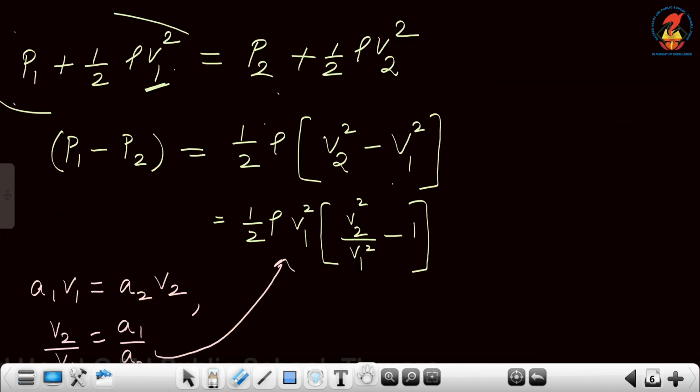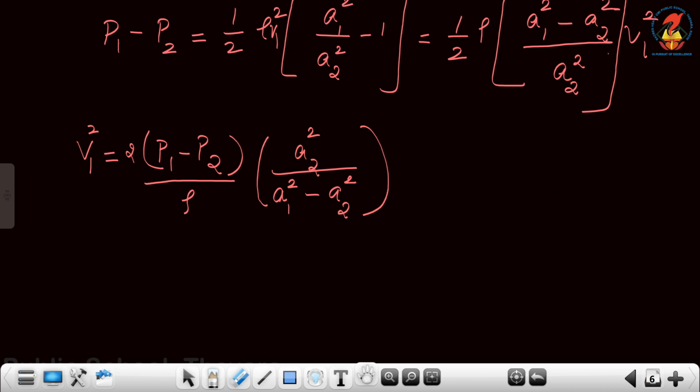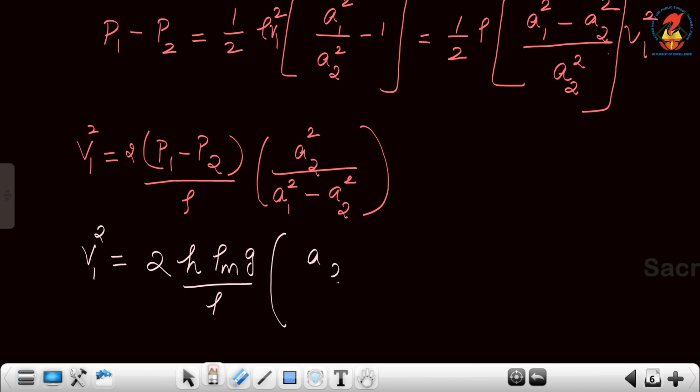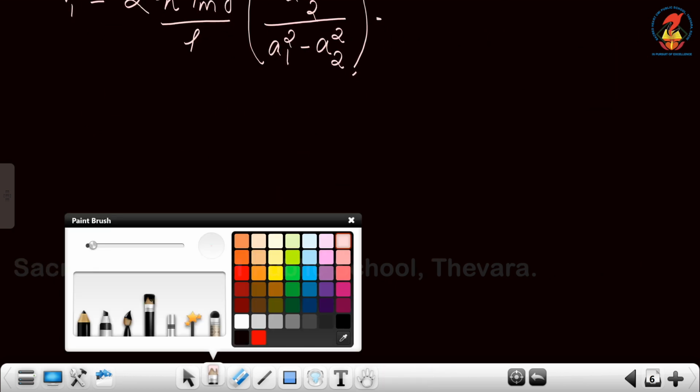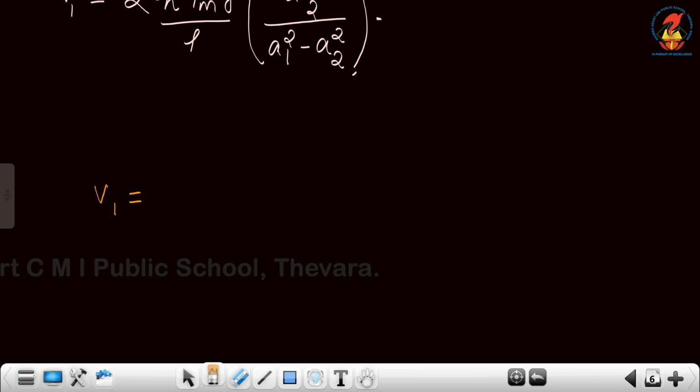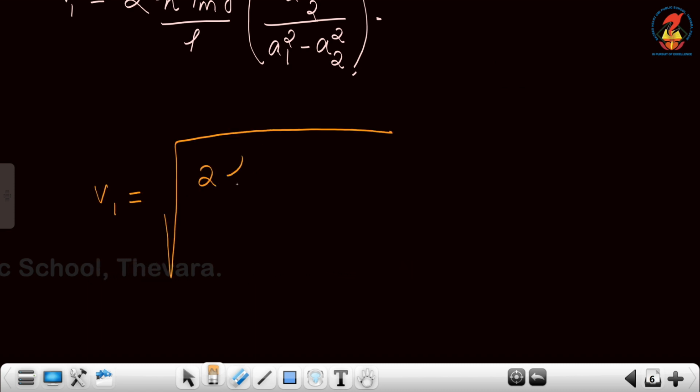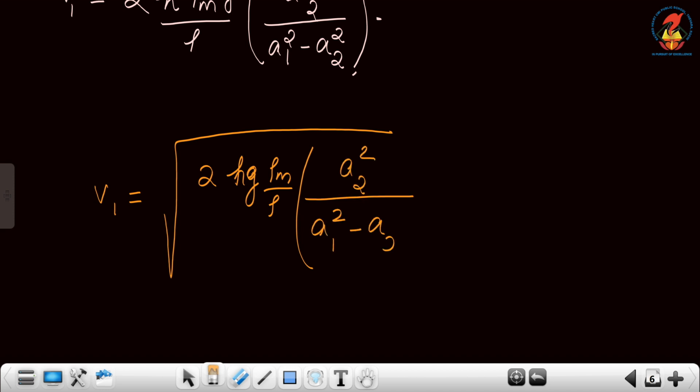So the equation for the velocity of fluid passing through the tube can be written as V1 square is equal to 2, instead of P1 minus P2, H rho m G by rho into A2 square by A1 square minus A2 square, or the velocity V1 is equal to root of 2 H G rho m by rho into A2 square divided by A1 square minus A2 square.